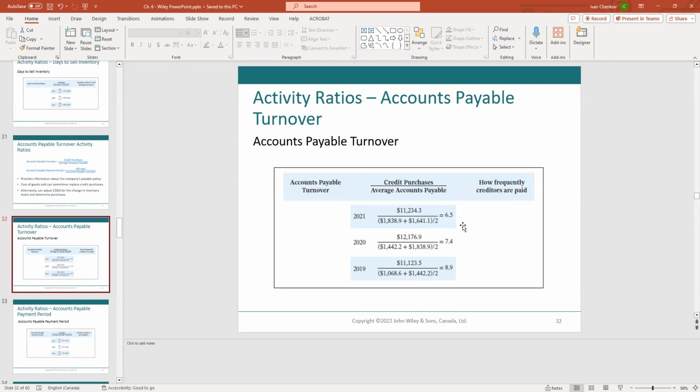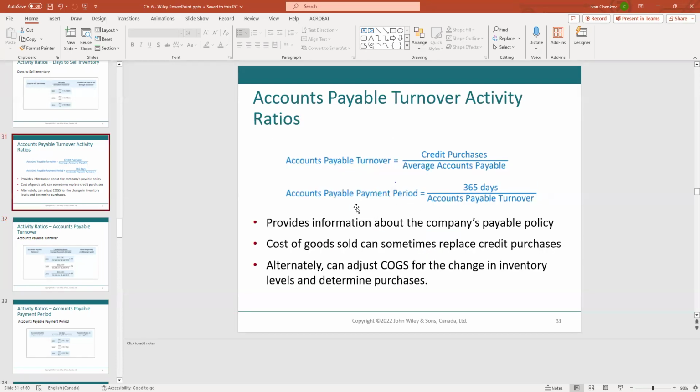Think about it. What's happening here? If the ratio goes down, accounts payable payment period goes up, correct? Because the accounts payable turnover works as a denominator. If that number goes down, this number is going to go up. Correct?